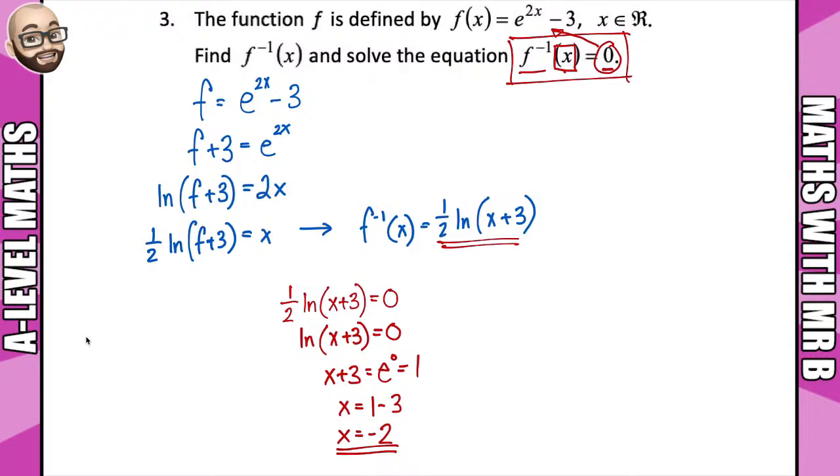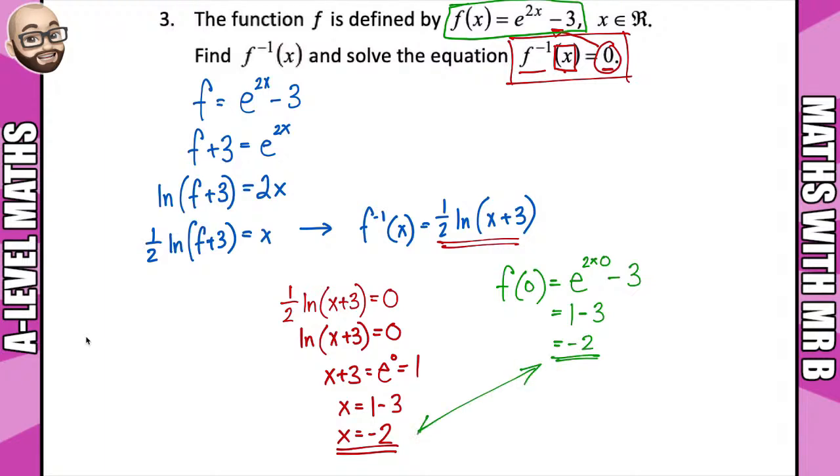So what we could actually do is just plug 0 into the original equation. If we do f of 0, that gets us e to the 2 times 0 minus 3. Well, e to the 0 is 1. 1 minus 3 is minus 2.